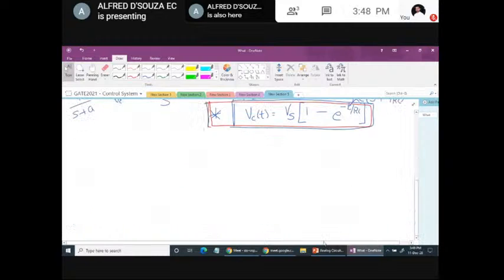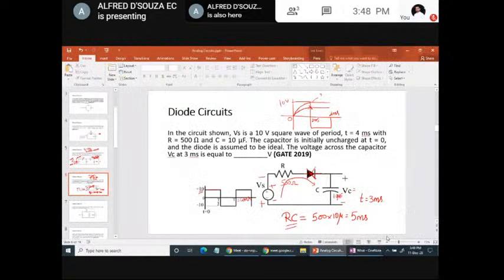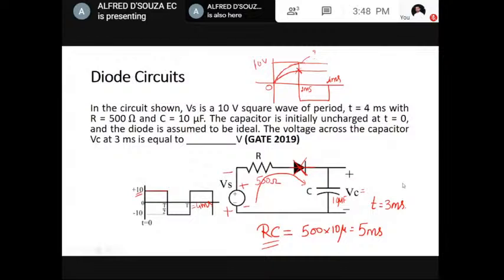Okay, so let's try to understand. The capacitor charges till 2 millisecond. We want the voltage at 3 millisecond. But the capacitor stops charging at 2 millisecond, and whatever value the capacitor has charged to, the same value will be continued for 4 milliseconds.